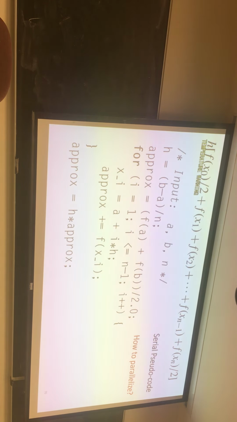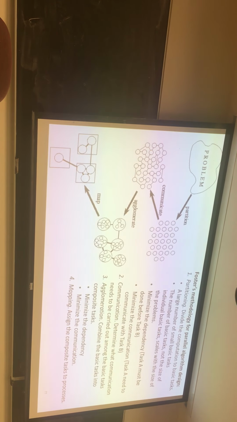Yes. So basically that's the basic idea: divide and conquer. You divide the trapezoids into 4 large pieces, and each process can calculate its own section. So if you generalize it, whenever you think about how to parallelize a serial program, a lot of HPC programs talk about this foster methodology for parallelization.